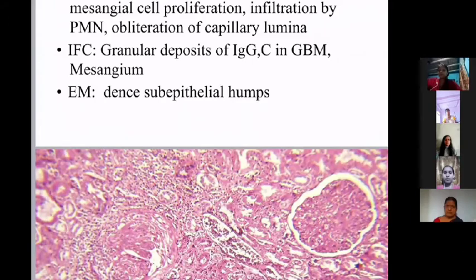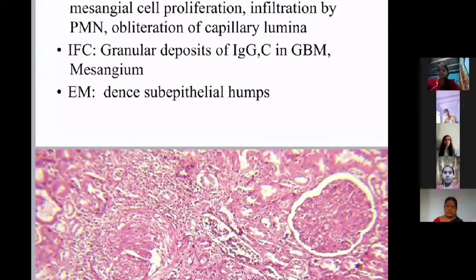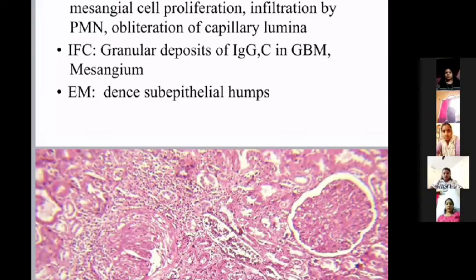In immunofluorescence microscopy, you see granular deposits of IgG or IgM or complement in the glomerular basement membrane, GBM, or mesangium, meaning granular deposits. And in electron microscopy, there are dense subepithelial humps.